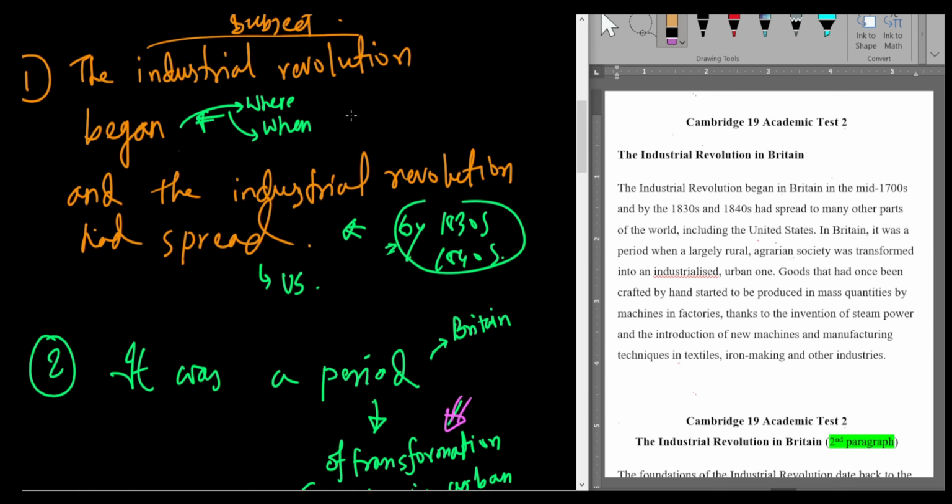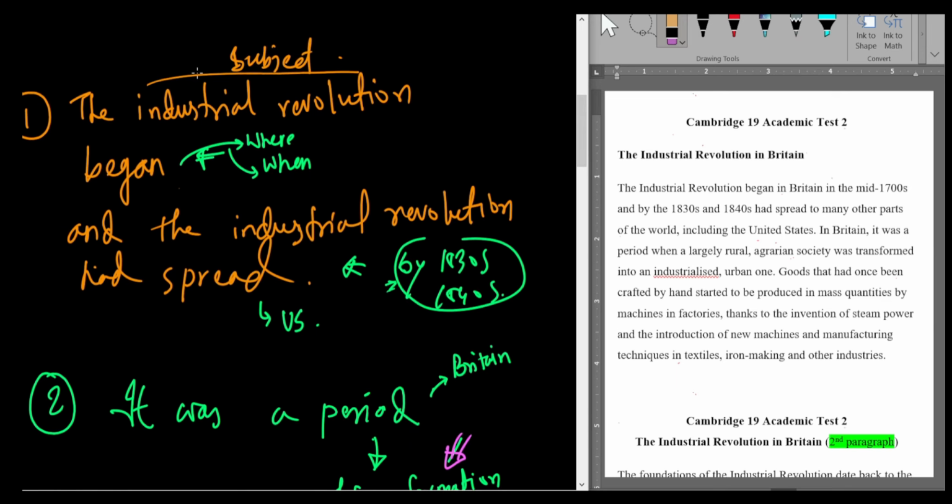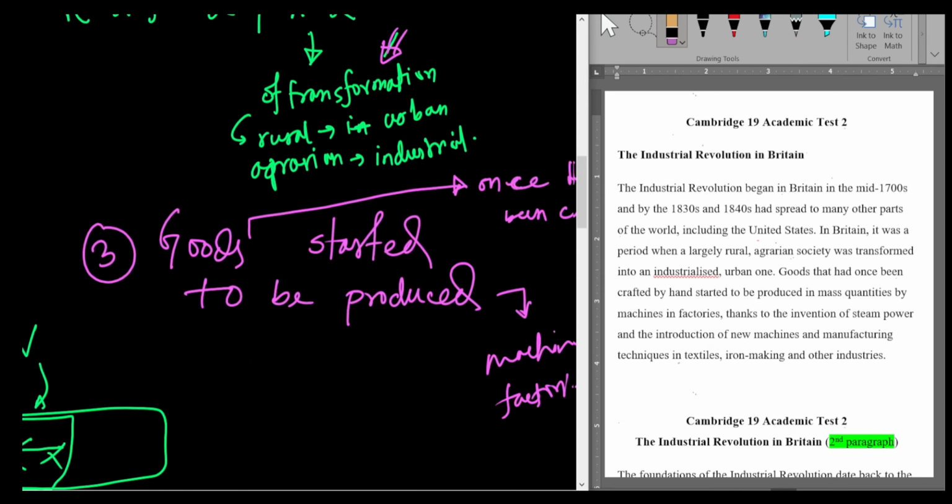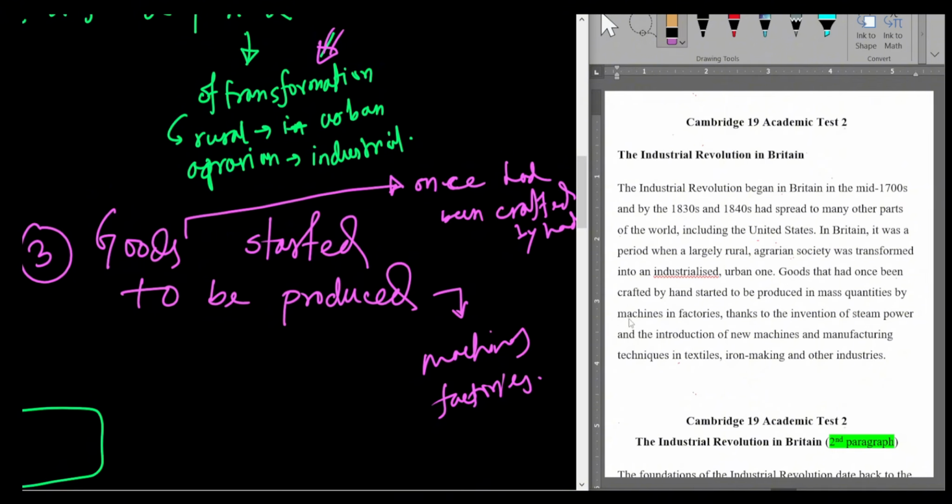So if we can find the main subject and the main verb of each sentence, then we can easily find the main idea of each sentence and even the main idea of each paragraph. Okay, so you can see that this sentence was so big. This sentence started from here and ended here, but the idea is so small.